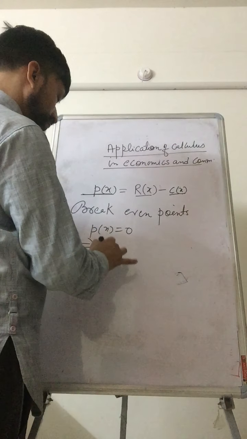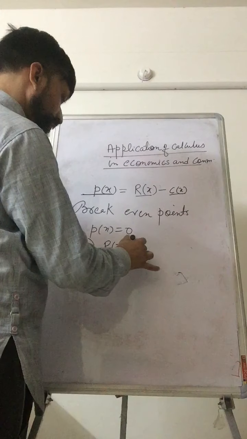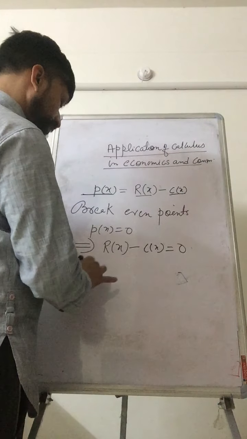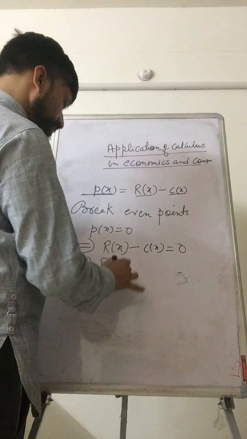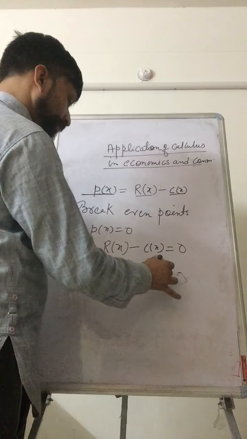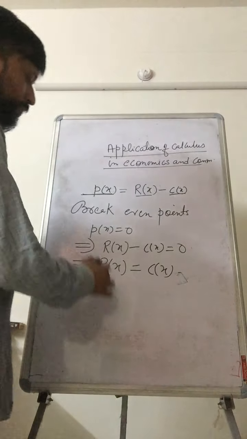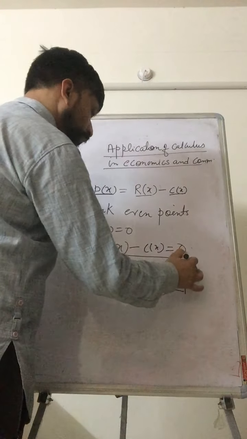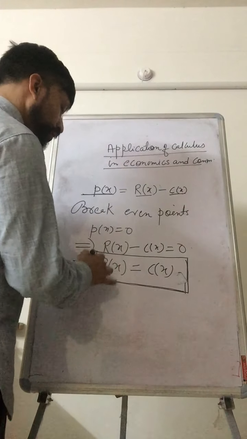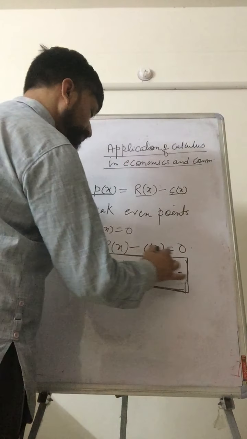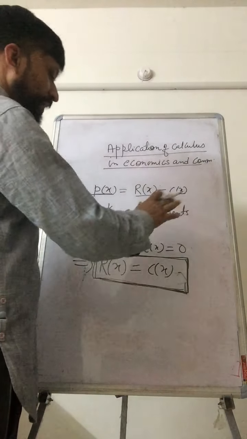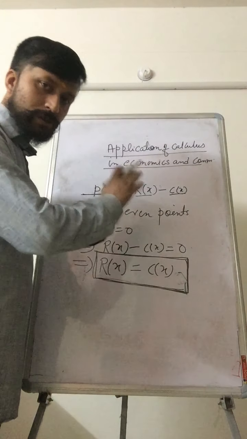That is, at break even point, revenue function as well as total cost function are equal. This is one of the important equations. When the business is running at no profit and no loss, the total revenue collected will be equal to the total investment or total cost.